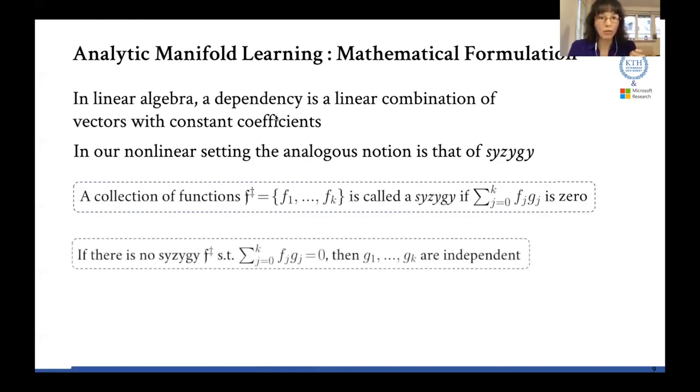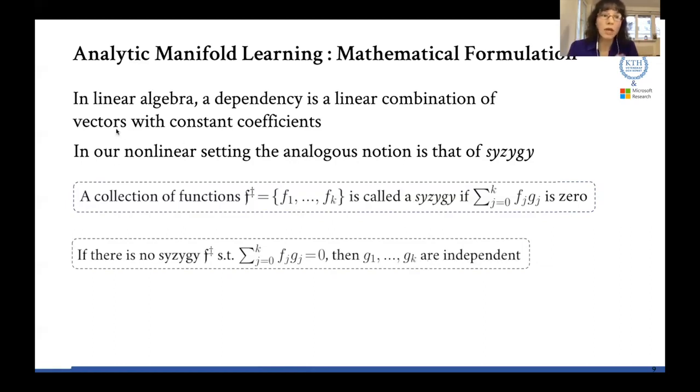Just like here, we would find a dependency if we can sum this up, multiplying by these functional coefficients, and the result would be 0. So if there is no syzygy, meaning we cannot find a set of functional coefficients such that the sum equals 0, then our relations are independent. So that's great.